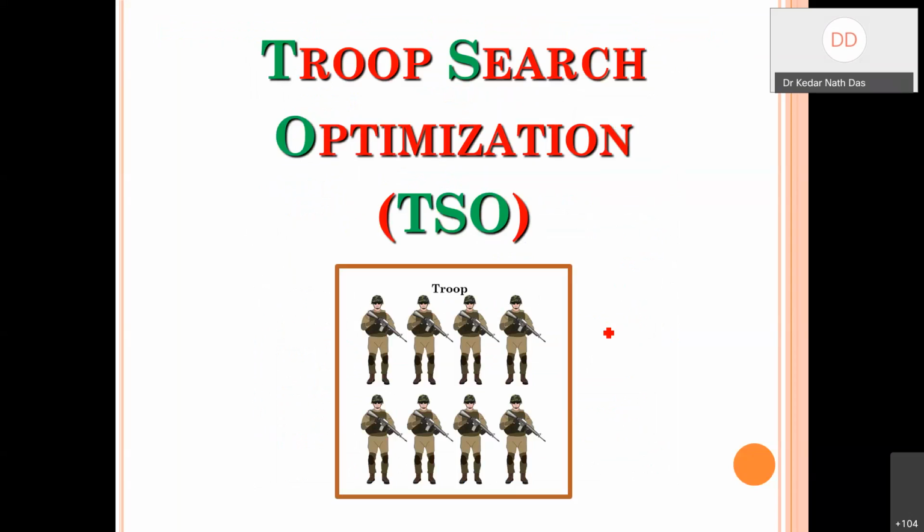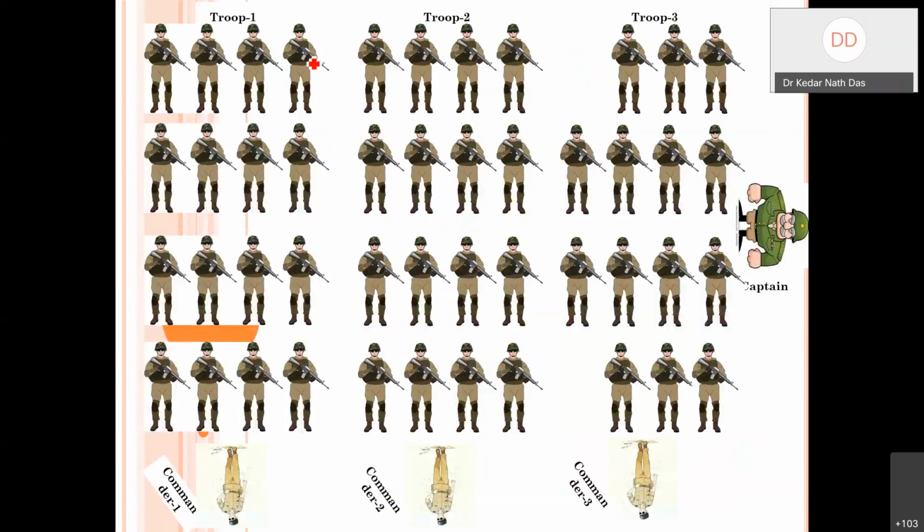Then another one is troop search optimization. I'm not going into details because a few minutes are left. Troop search optimization is based on troops. Before any battle, soldiers are prepared among themselves, where there is a commander for each troop. Troop 1, troop 2, troop 3, three troops are there. There is a commander and a captain who leads them overall.